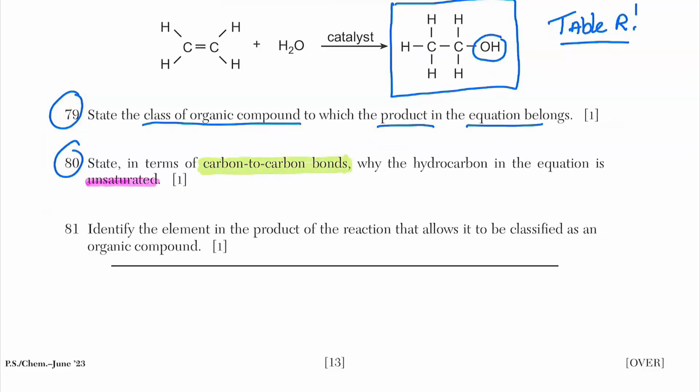And unsaturated means you're under the maximum amount of H's possible. So what I mean by that is, so why the hydrocarbon? You say, oh my God, which one is the hydrocarbon? Which one has only hydrogen and carbon? Hello? Right here. So they wanted the hydrocarbon. You have to read carefully. Okay? So why is it unsaturated?